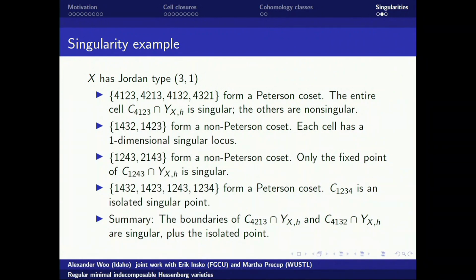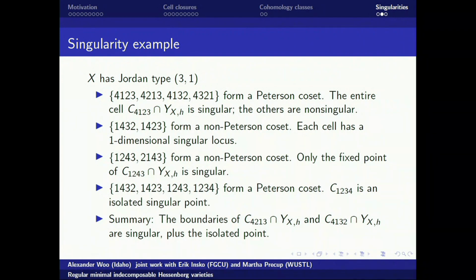So Peterson coset means that basically I permute the blocks and keep them intact. So these form a Peterson coset, and the rule for Peterson says that this is a singular point, and everything else is smooth. The top 3 things are smooth, everything else is singular.